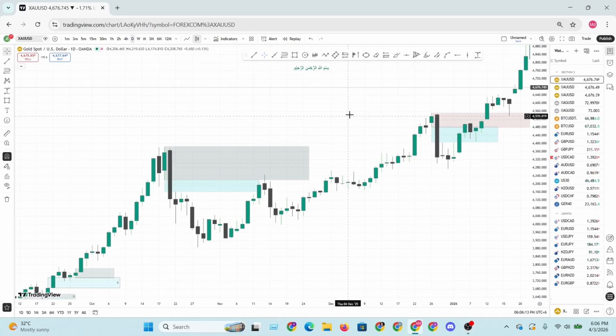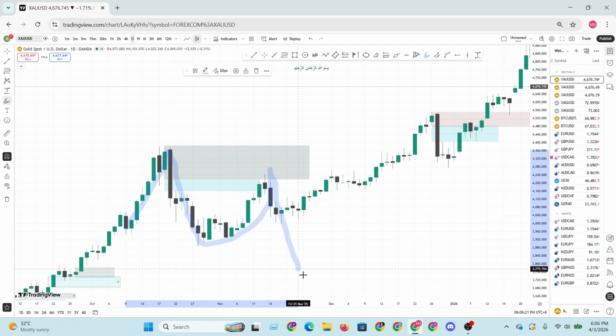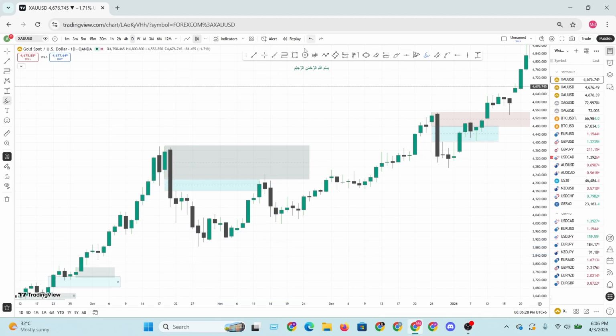So from this level, what do we expect? We expect the market will come, retest this level and break this level. But what has it done? It came to this level but didn't break it, and from this order block, if you didn't see, I will mark.